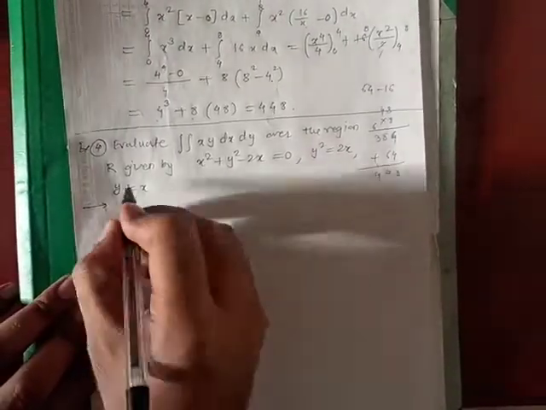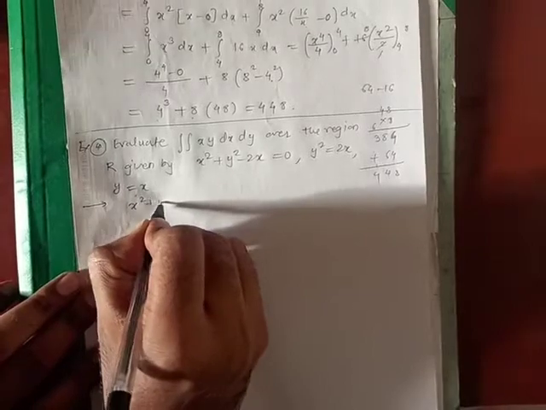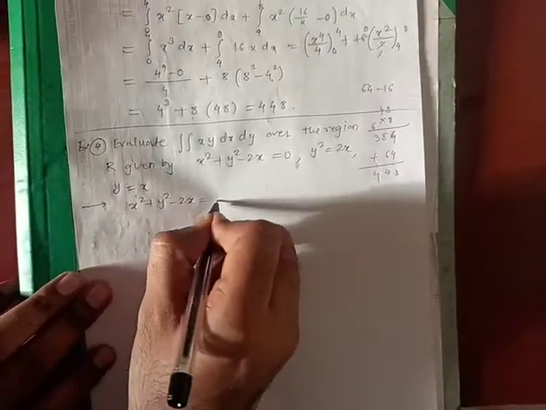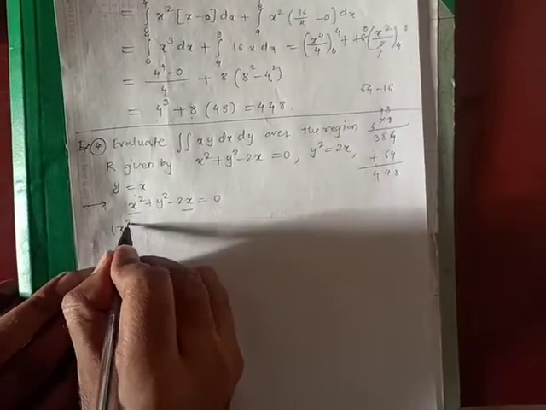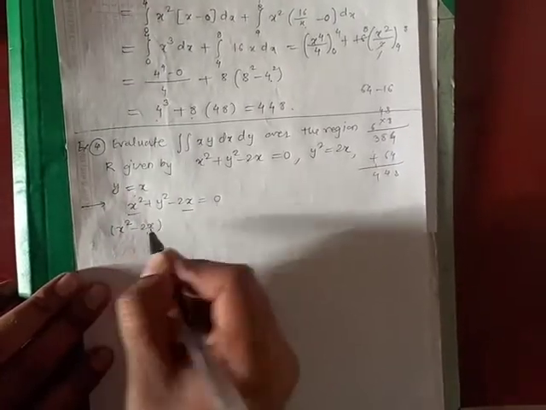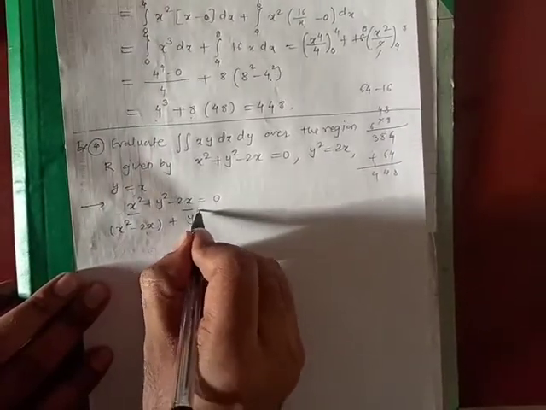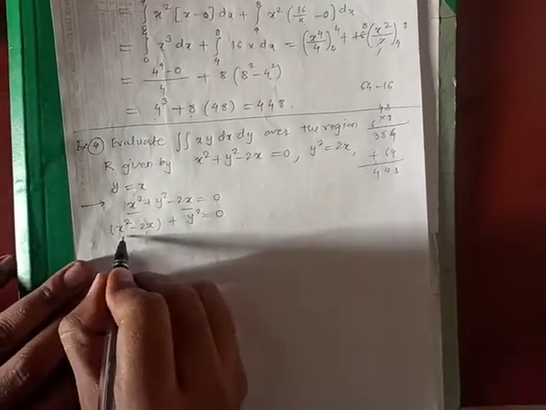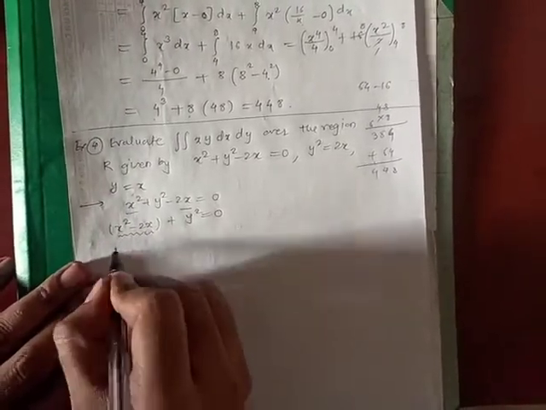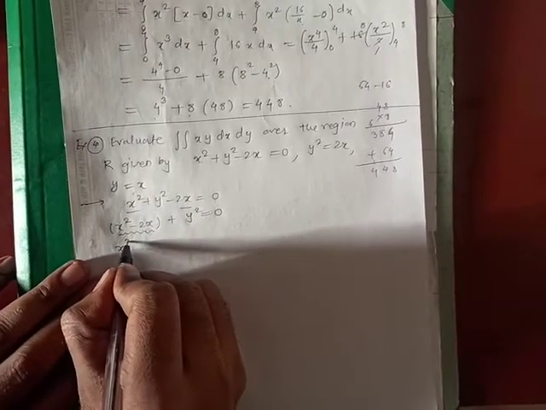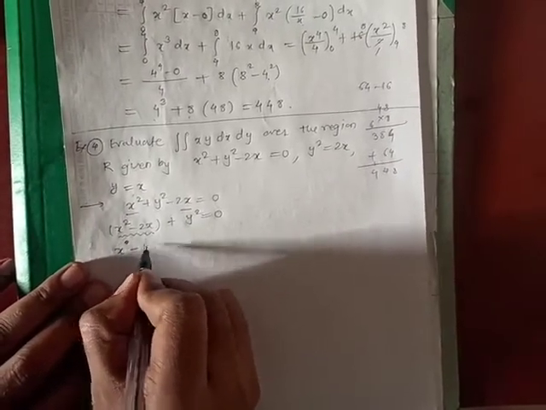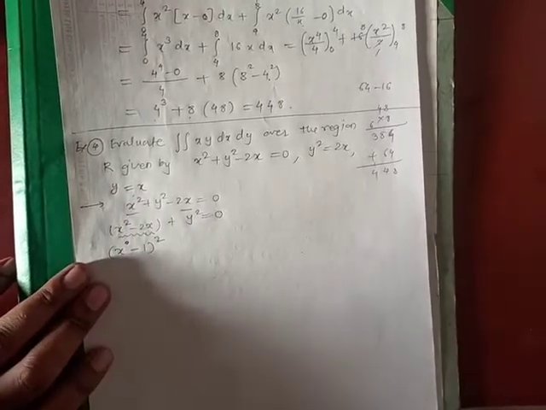Let us first of all understand this x square plus y square minus 2x equal to 0. Can I write this as x square minus 2x in one bracket, other bracket y square equal to 0? Instead of this, can I write x minus 1 whole square?